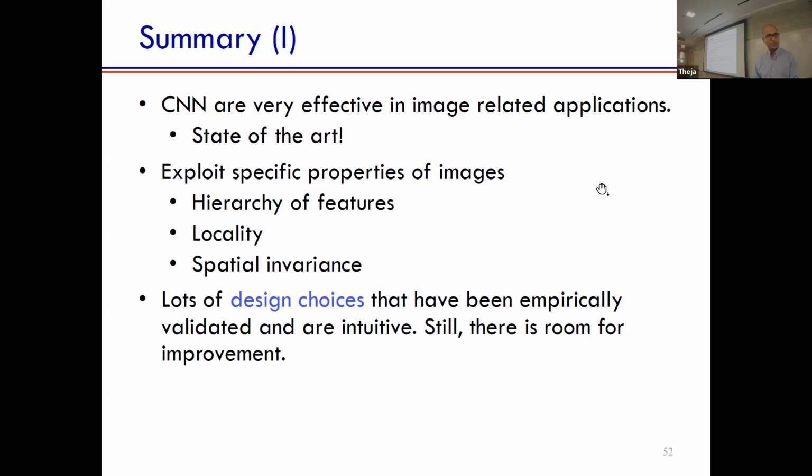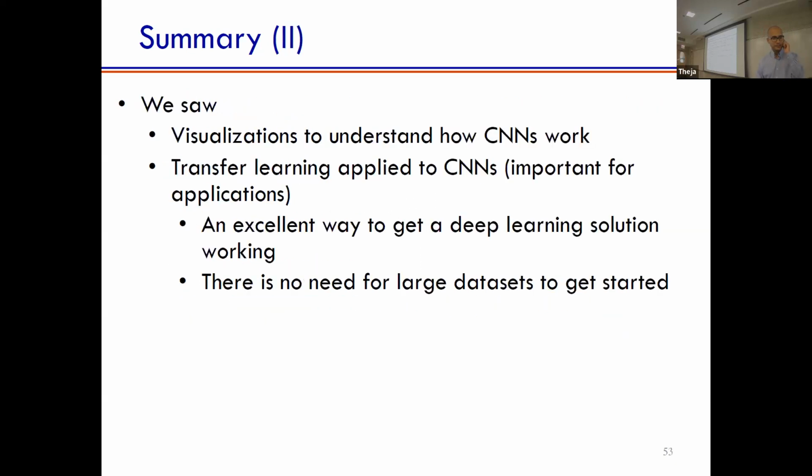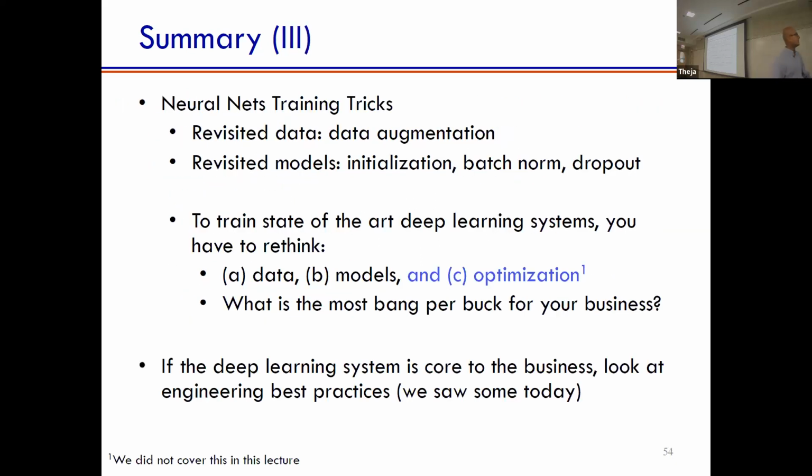Okay, so with that, let's switch. I don't want to get into the summary because we didn't cover much of it here today. What we saw is just the last slide of the summary, because the previous two slides are from last week.